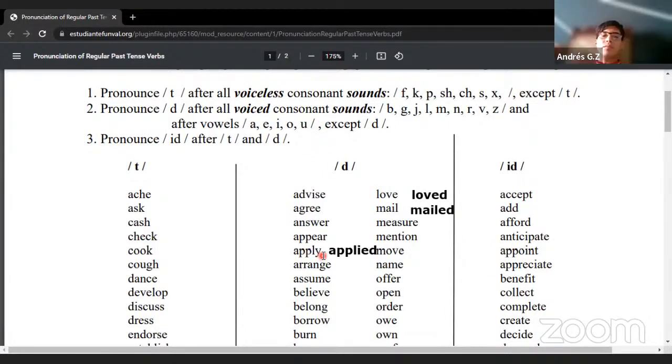E. Apply. Ajá. I. It's a vowel, right? Recuerden que es el último sonido. No tiene que terminar con la letra, es el sonido. Apply. I. So, we pronounce it with D. Repeat, applied. Applied. Not "applyed."